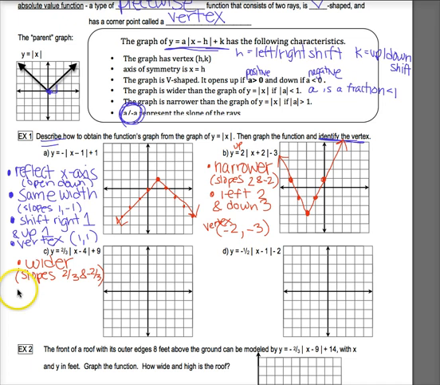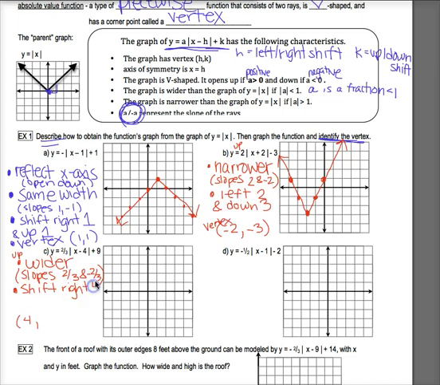Then, after I've described that, I need to describe what's happening here. I know that this one opens up because it's positive. So this, X inside the bars, do the opposite. So you would think that if you were just looking at it, you would think left, but we're doing the opposite, so we're going to shift right.